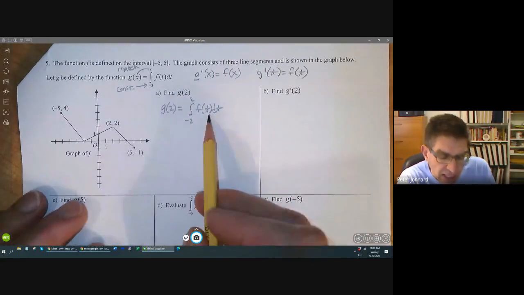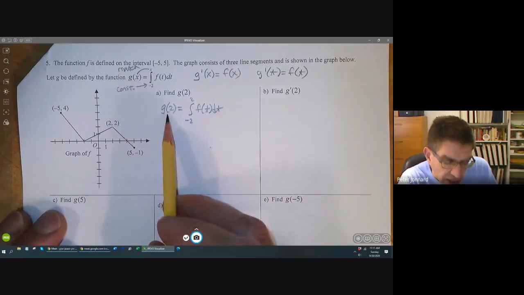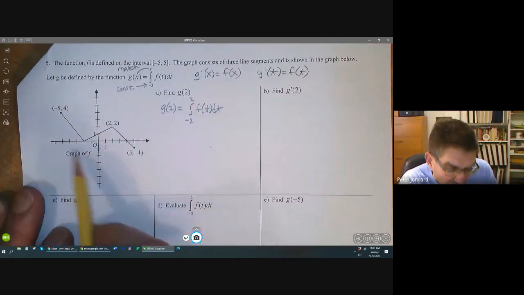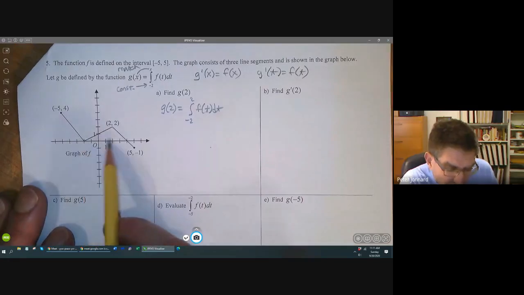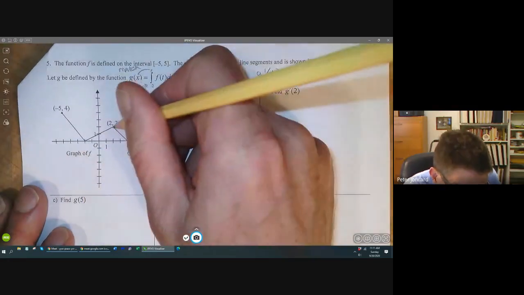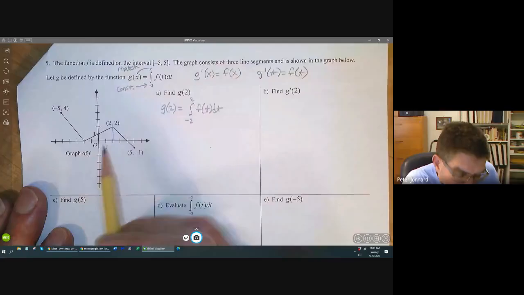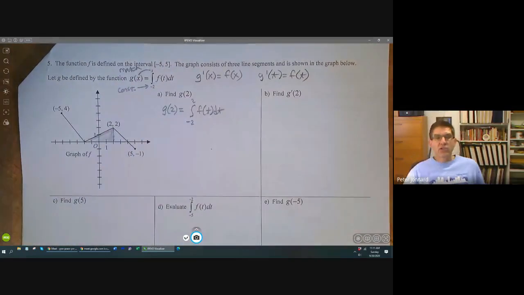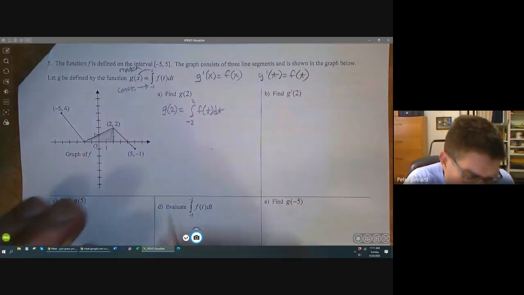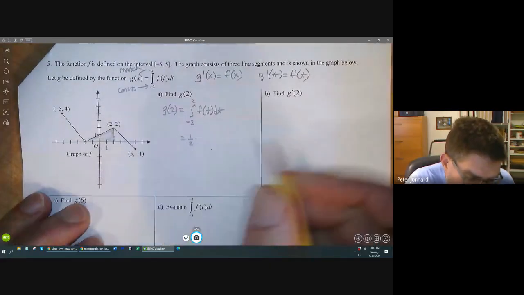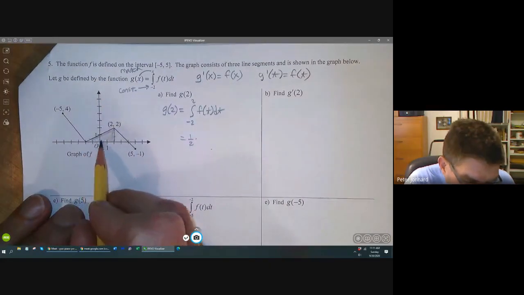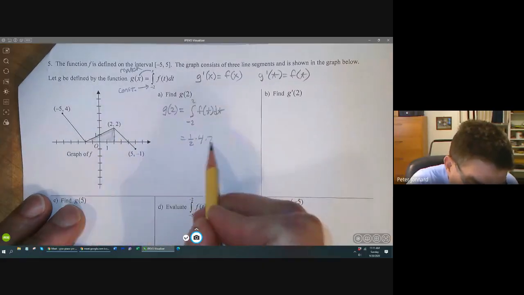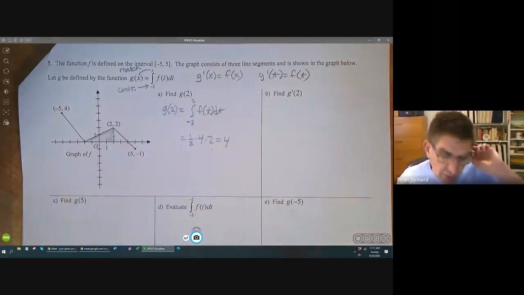Let's look at the meaning of this. g of 2 is asking us to determine the area under the curve from -2 to 2, so basically to calculate that area right there. The area of a triangle is 1/2 of the base, 0, 1, 2, 3, 4, times the height, 1, 2. And so we end up with 4. And there we have it.